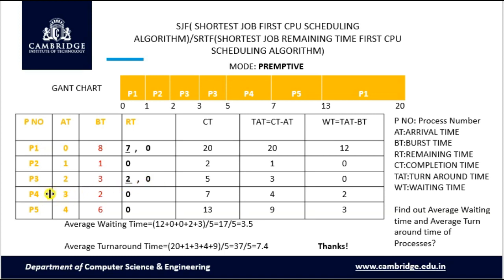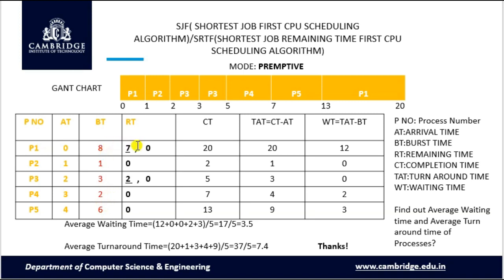Now P4's burst time is 2. It is going to compare with P5 again. The CPU is going to compare with P5. The burst time of P5 is more. Again P1's burst time is remaining 7, that is also more.